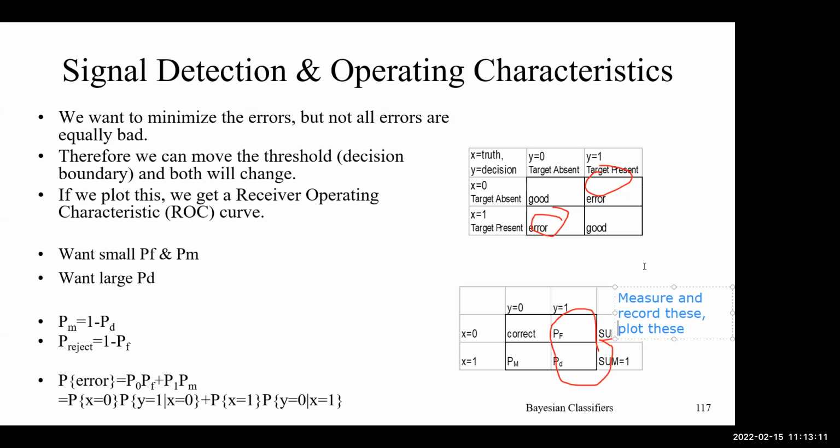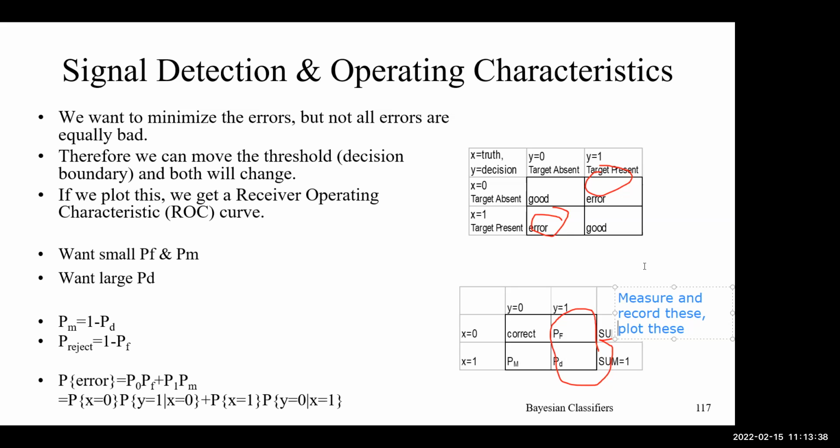Okay, so I ran the first one and got 17 errors, and 16 of those were 1 to 0 errors. So 16 were 1 to 0 errors? Yeah. What was your a priori probability? Your P(x=0), did you put in 0.25? Yeah. Then you expect there to be 75 ones.